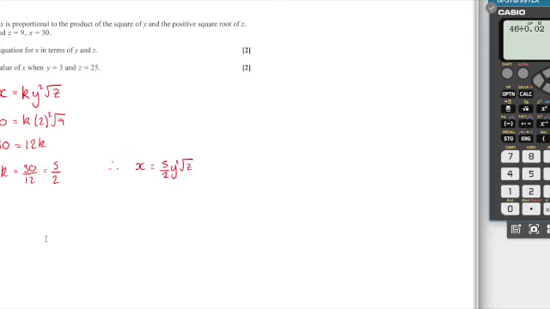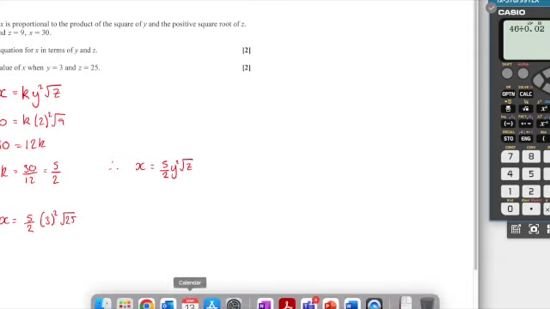Feels very much like a GCSE question. Find the value of x when y is 3 and z is 25. So then part B, x is 5 over 2, 3 squared, and root 25. So let's just stick that on the calculator while we work that out ourselves.